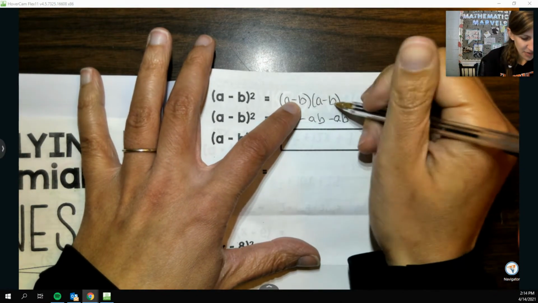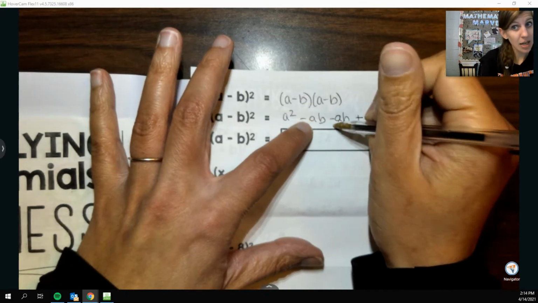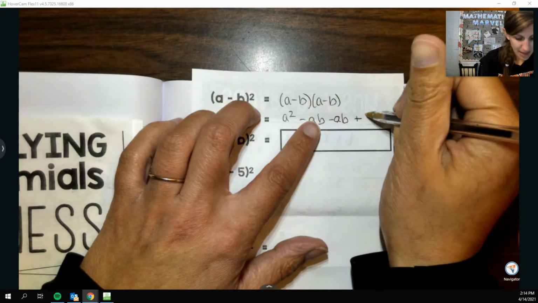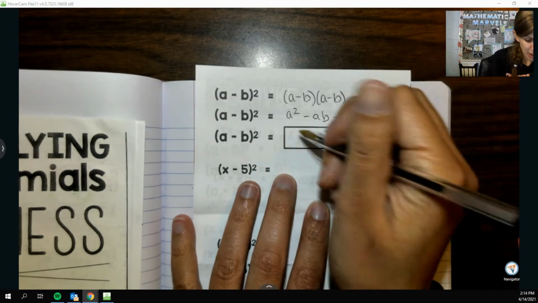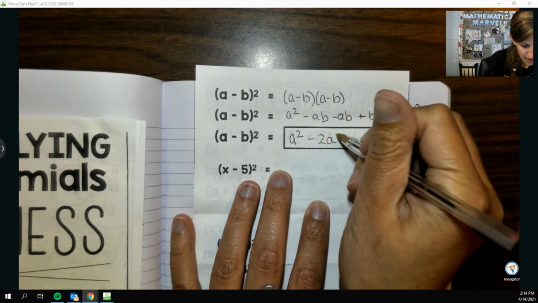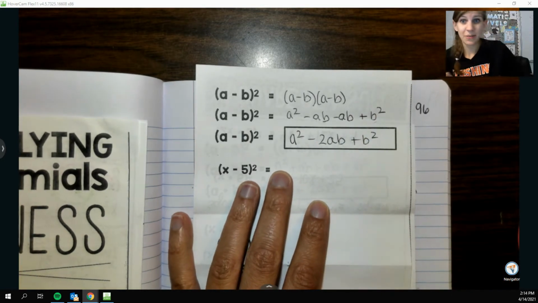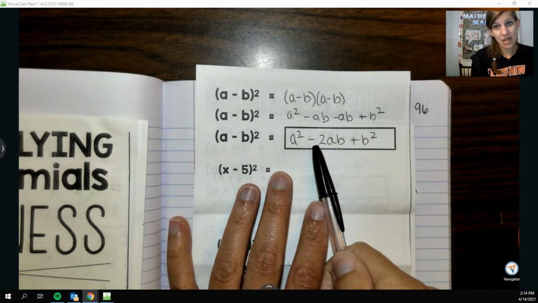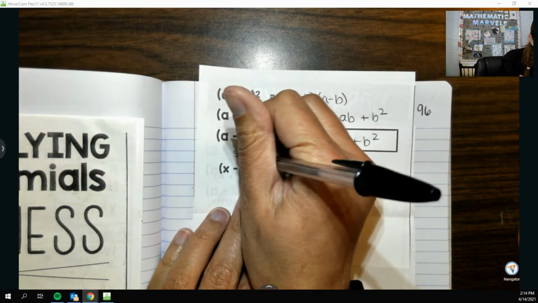Lastly, a negative times a negative is a positive. So that's where the negative comes from, but the last number is still positive because of negative times a negative, and then b squared. Again, when I combine my like terms, we'll have two negative ab's. So the real difference here is just that it's subtraction on that middle number rather than addition. And again, the way that I'm thinking about it quickly is I square the first.